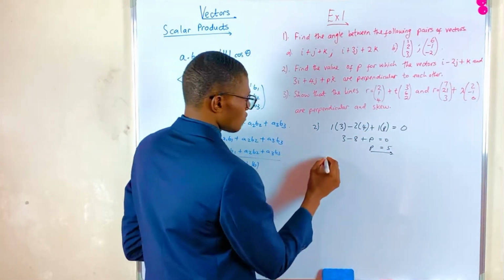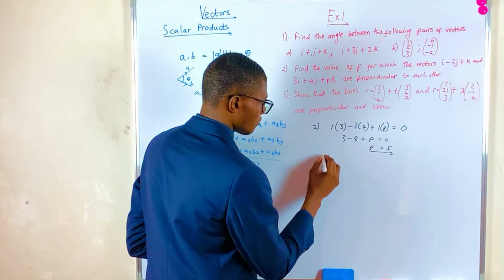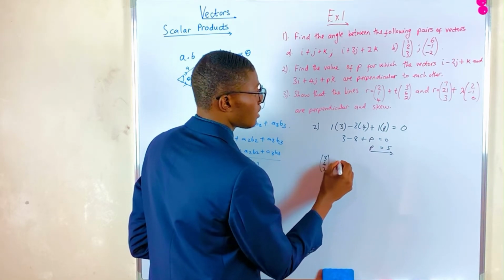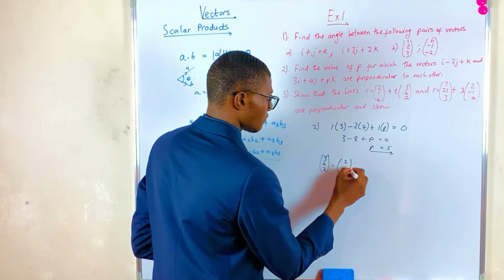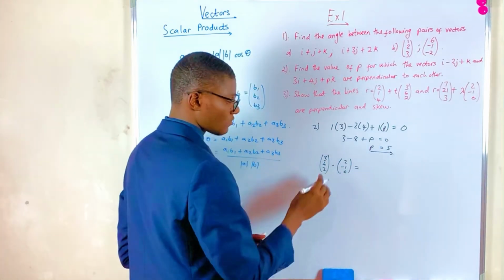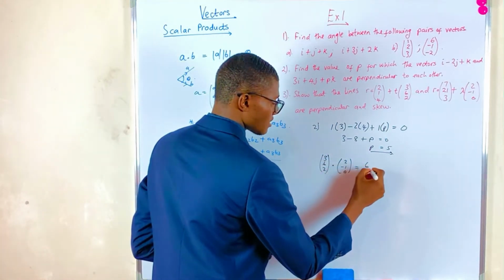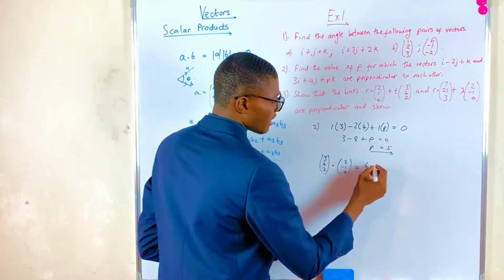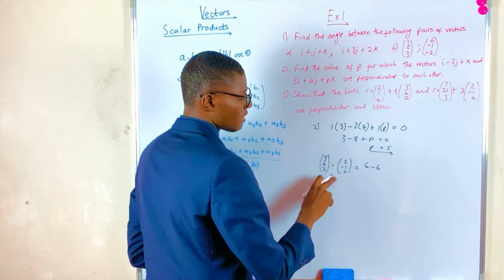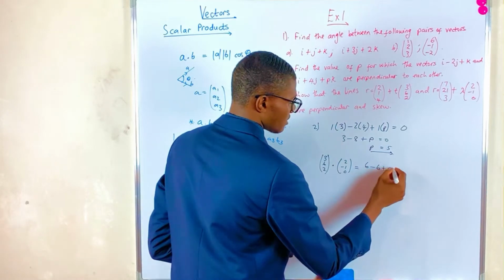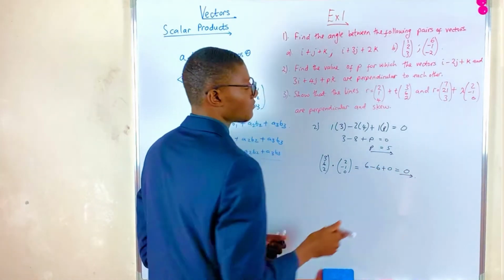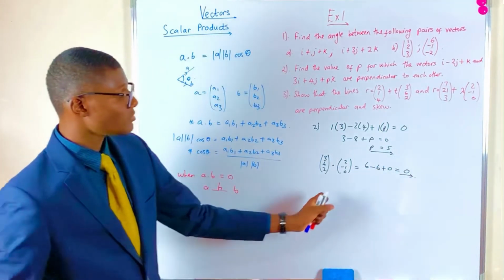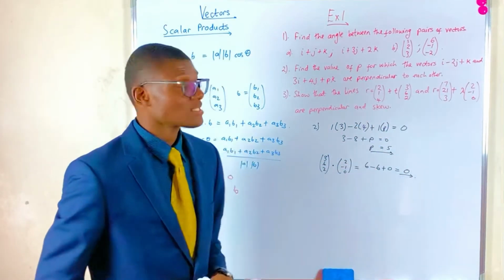So (3, 6, 2) dot (2, -1, 0) should give us 0. So 3 times 2, that's 6, then plus 6 times minus 1, that's minus 6, plus 2 times 0, that's a plus 0, which gives us 0. So, scalar product being equal to 0, these two lines are perpendicular.